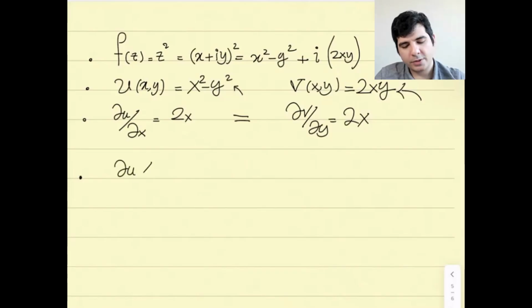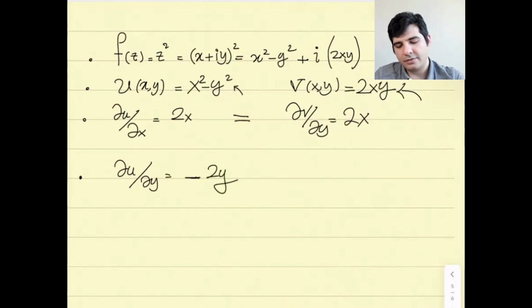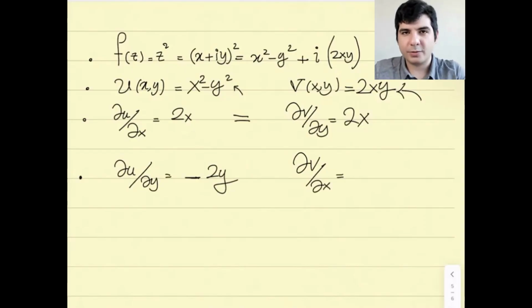What is the derivative of u with respect to y? Now I should assume x is constant, so the derivative of x squared would be 0. The derivative of minus y squared would be minus 2y. And then I should take the derivative of v with respect to x. Again, y should be like a constant, so 2y is the coefficient of x.